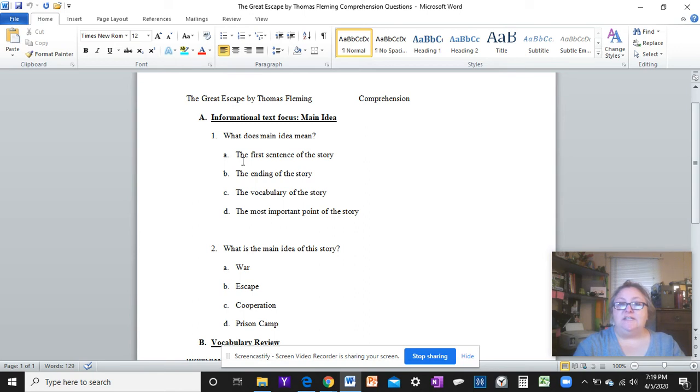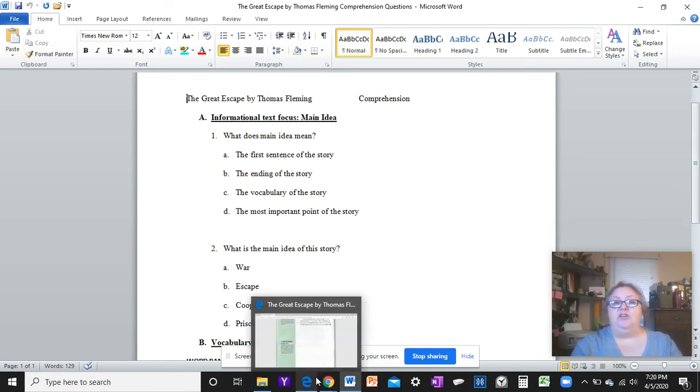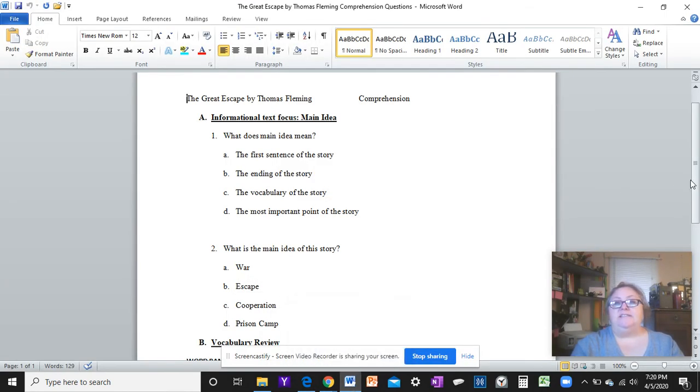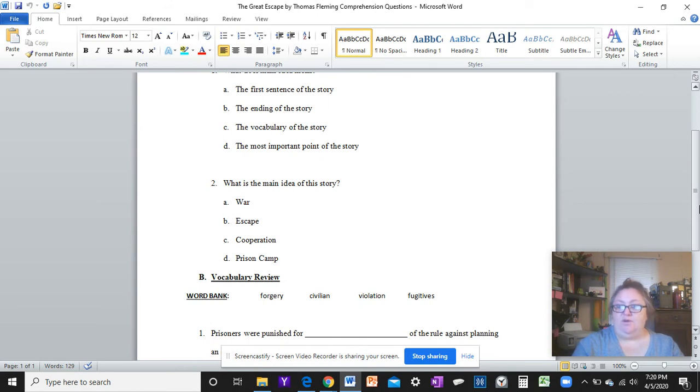Is it A, the first sentence of the story, B, the ending of the story, C, the vocabulary of the story, D, the most important point of the story? You go back through your text and look back here. What is the main idea of this story? Is it war, escape, cooperation, or prison camp?